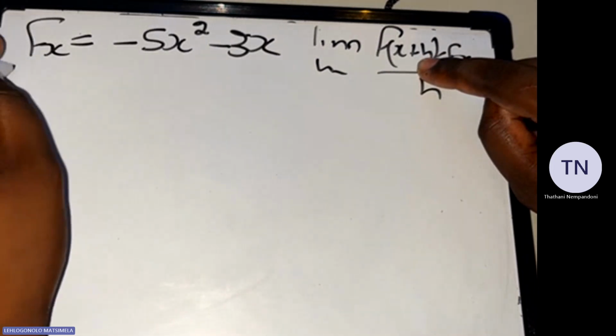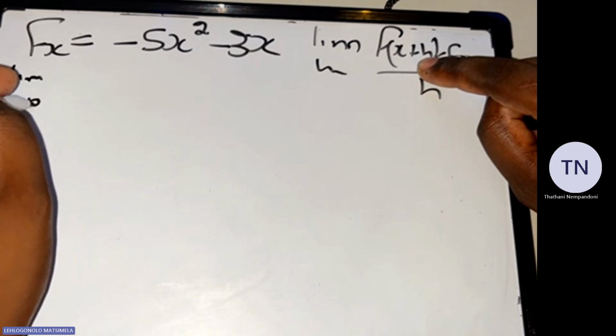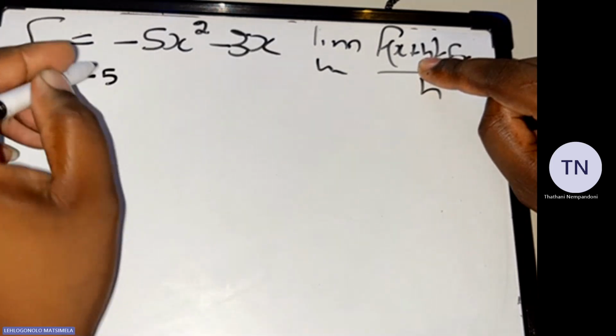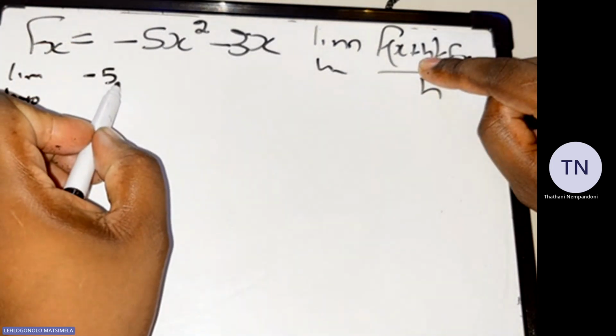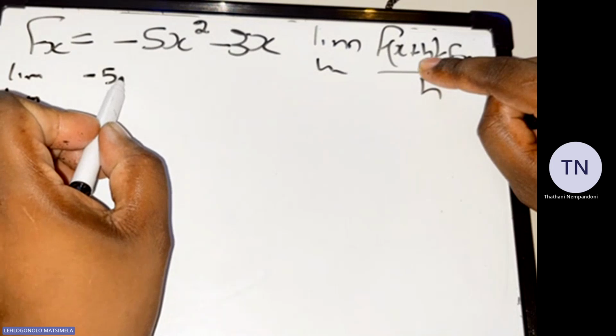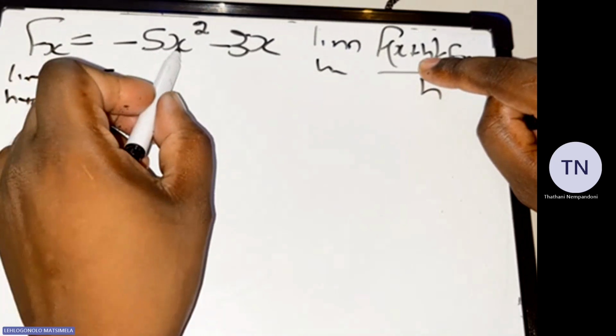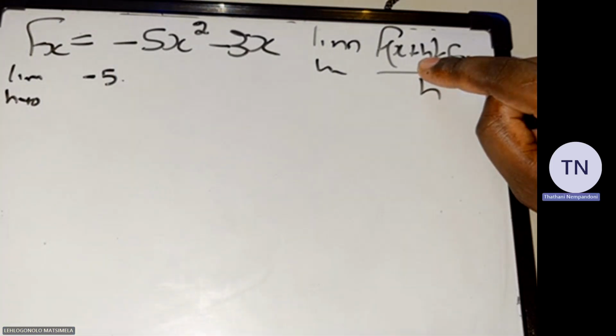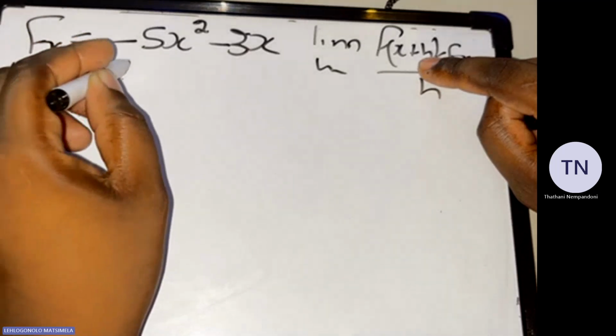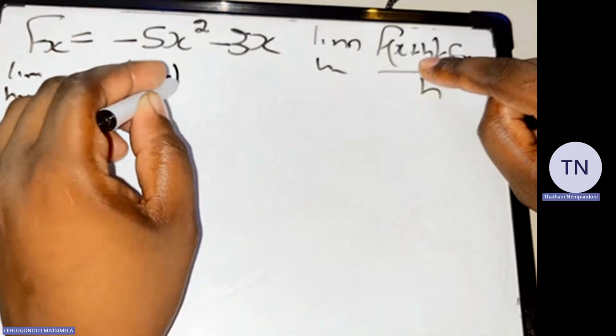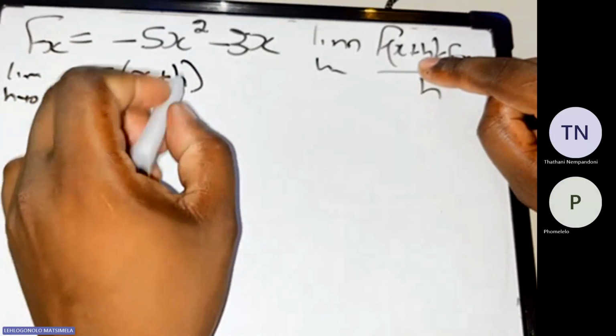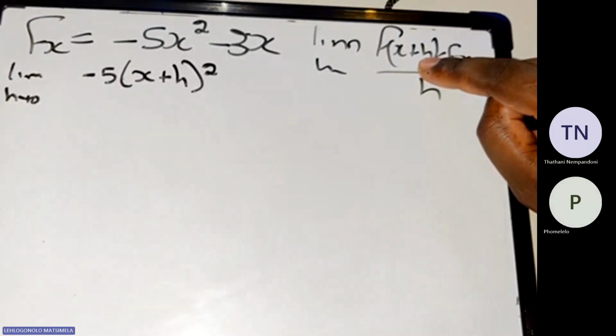Then I will start by saying limit h to 0, minus 5. Here it was supposed to be x to the power of 2, but where there is x, I don't put x. I put x plus h. And remember, the x here had a power of 2.